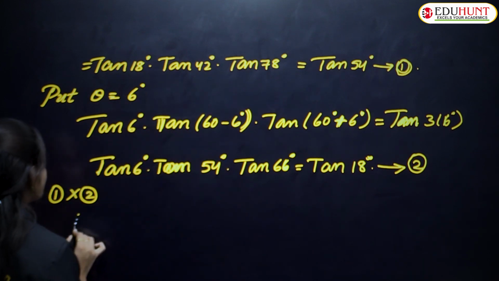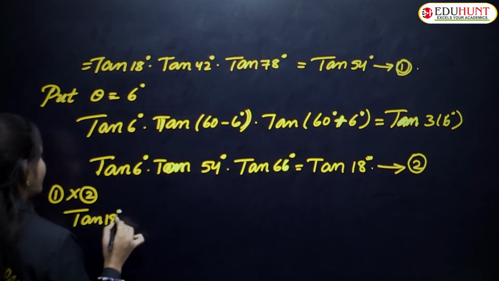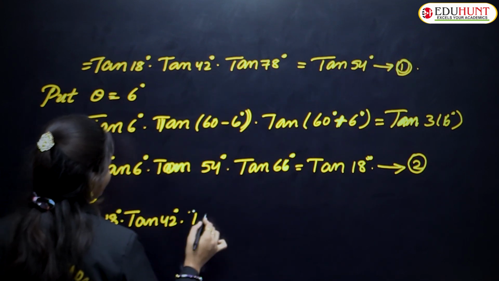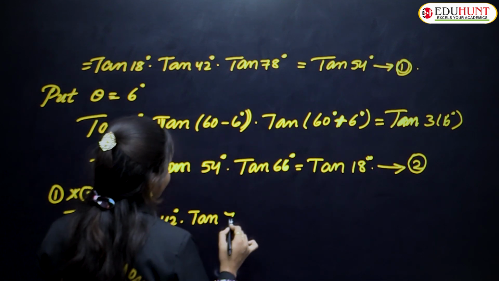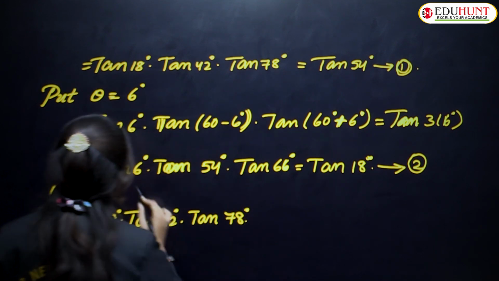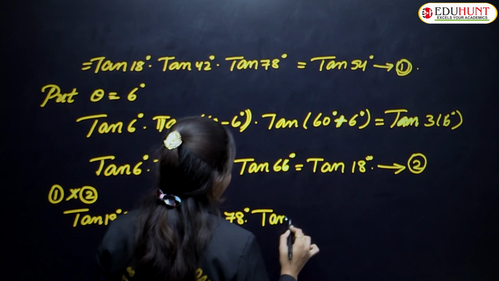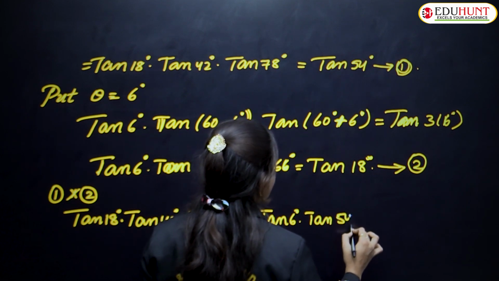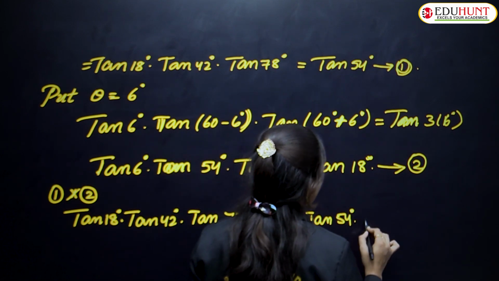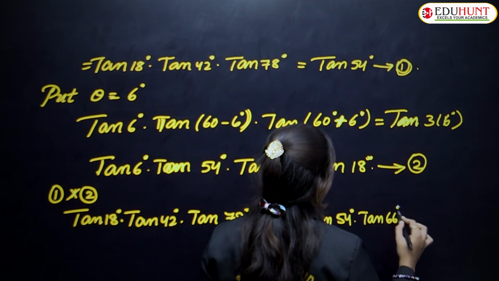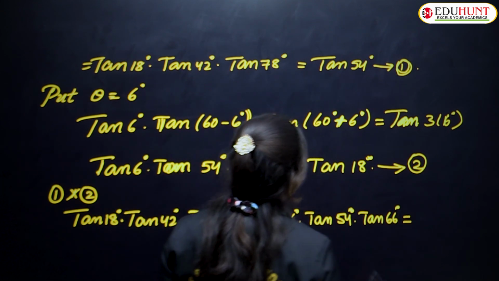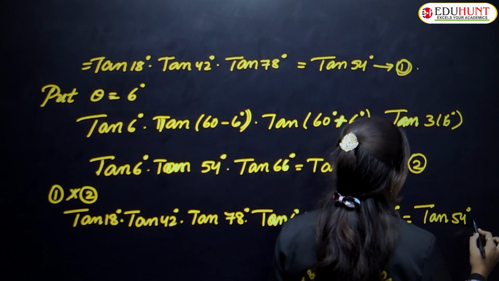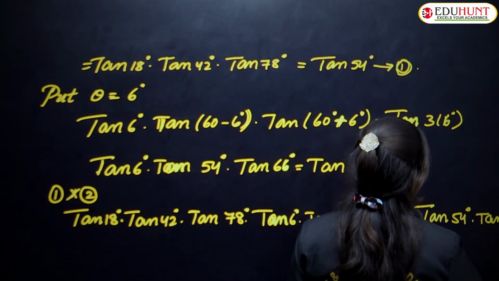So here LHS is tan 18 degrees into tan 42 into tan 78 degrees, into tan 6 degrees into tan 54 degrees into tan 66 degrees, which is equal to RHS tan 54 into tan 18, so tan 54 degrees into tan 18 degrees.